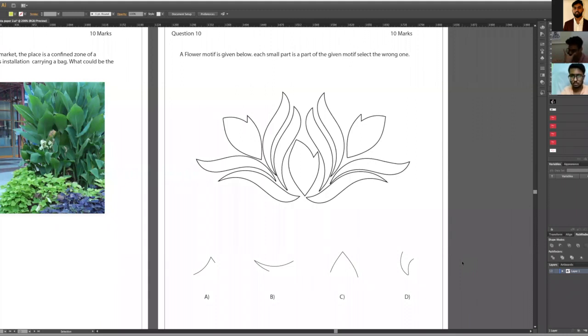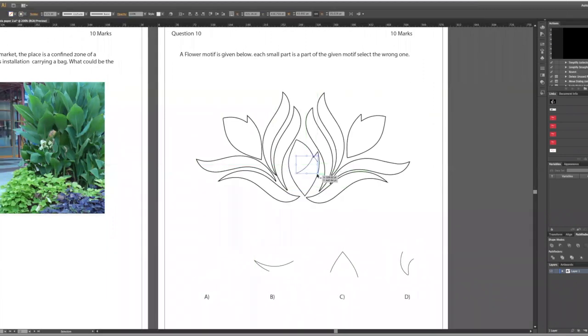Sir, can you show where A is in this part of the drawing? Yeah, sure. So this was mirrored actually.